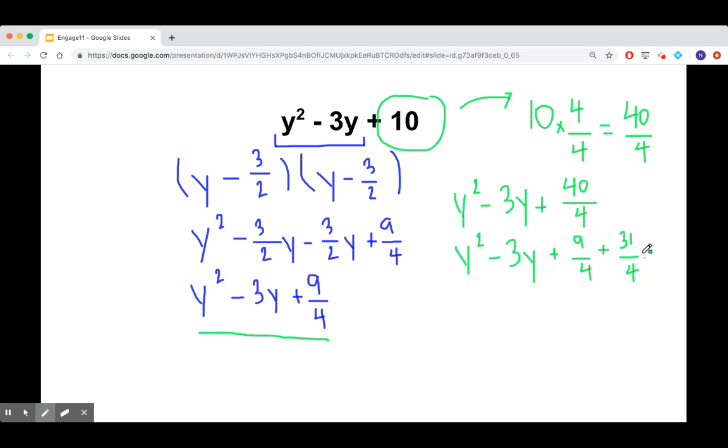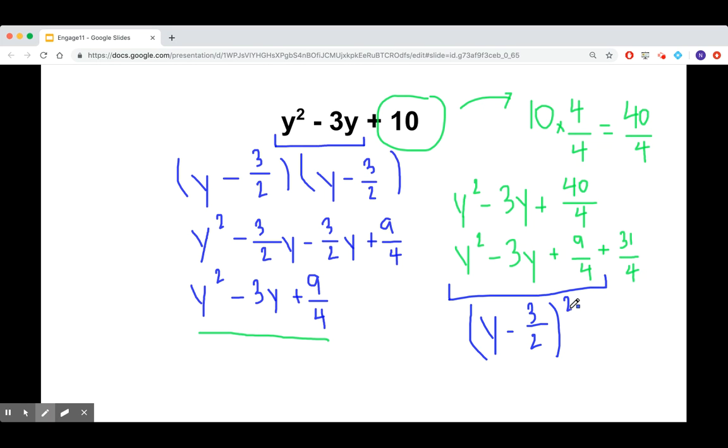I knew that I wanted to convert 40 over 4 into these two improper fractions added together because I wanted a 9 over 4 constant in my expression so that I could convert my first three terms into that perfect square, y minus 3 over 2 squared.